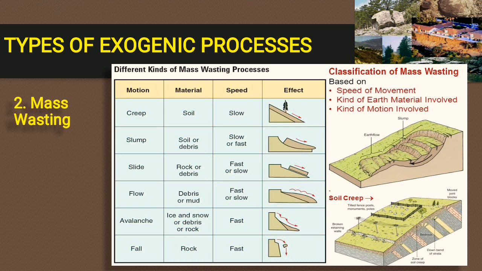And then we have a slide, or a landslide, a mass of soil sliding down a hillside. It is the movement of a mass of rocks, debris, or earth material down a slope. The material is rocks or debris, and the movement is fast or slow. We have flow: rock flow and mud flow.